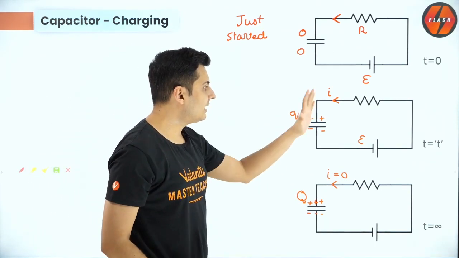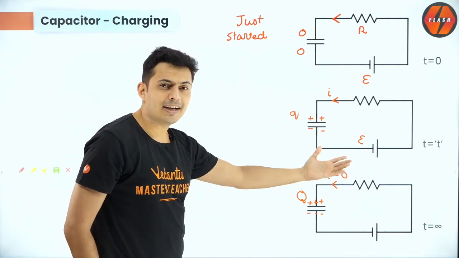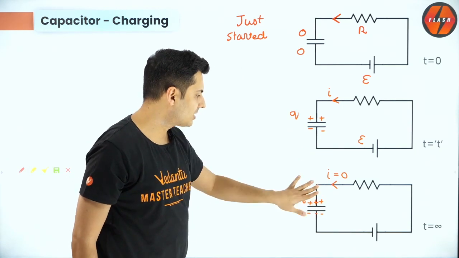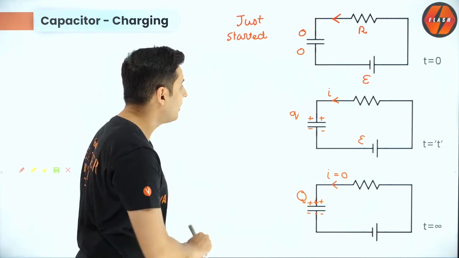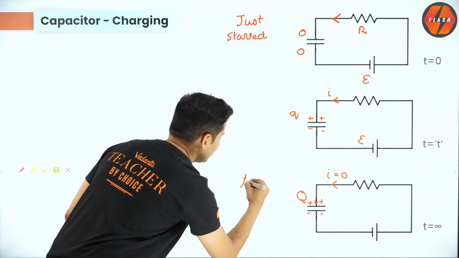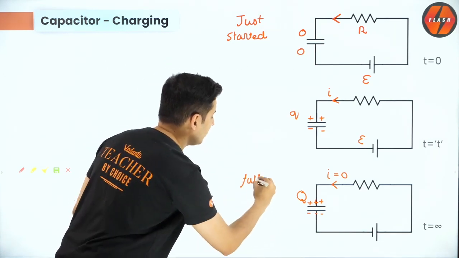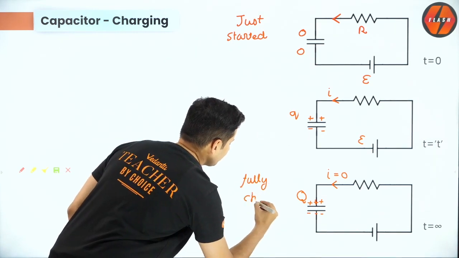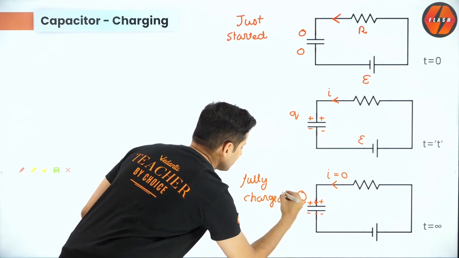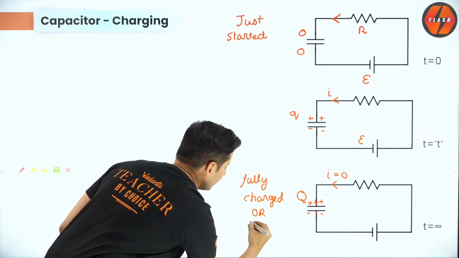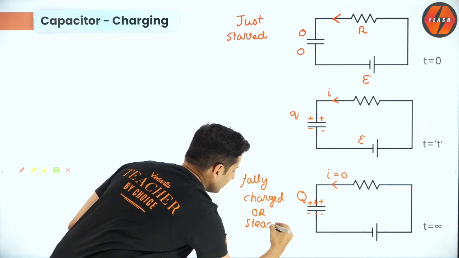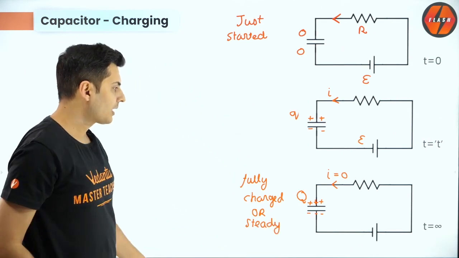So initially the current is there, and slowly the current dies out and eventually becomes 0, because the capacitor is completely charged. This particular state is called fully charged. Sometimes it is also called the steady state.